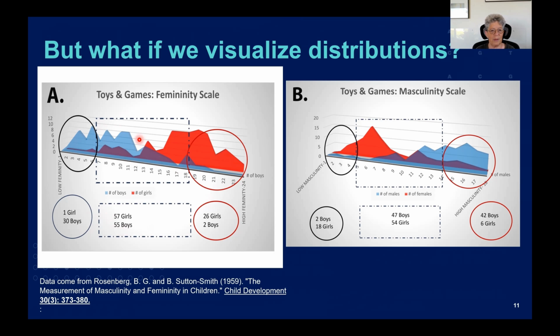And what this suggests to me is that the way in which we conceptualize masculinity and femininity using these toy scales could be looked at much differently, more continuously, and that might lead us to reevaluate whether kids at one end or another end of the scale are actually medical problems that require help of some sort.